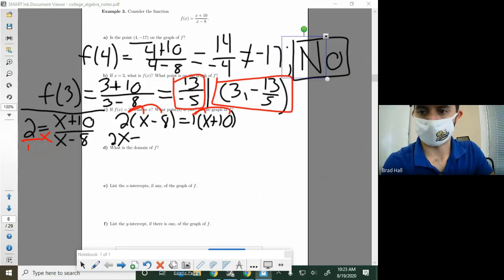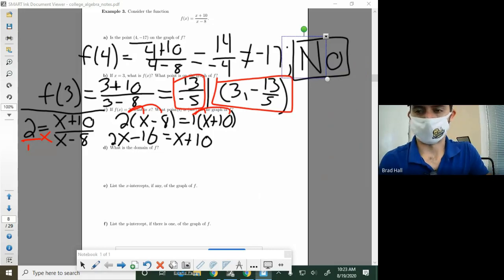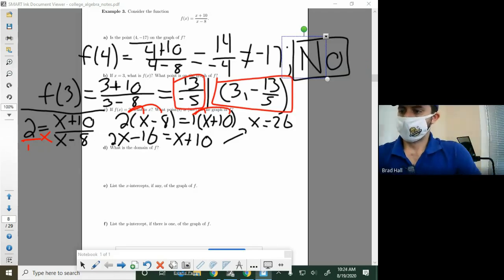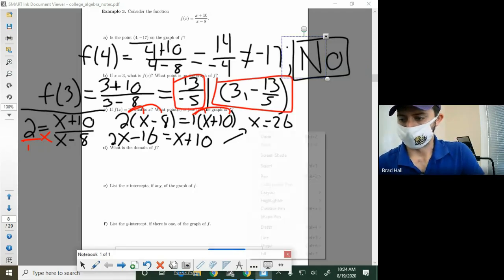So that's 2x minus 16 is equal to x plus 10. And I think you all see from combining like terms, it's not a stretch of the imagination to see that x will end up being 26. Just combine like terms from here. Add 16 on both sides, subtract x on both sides. You would get x is 26. So that would be the first part.